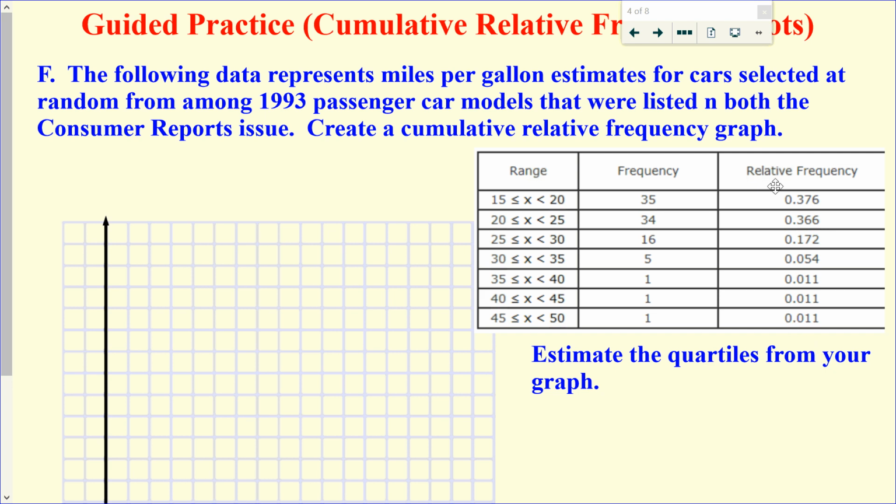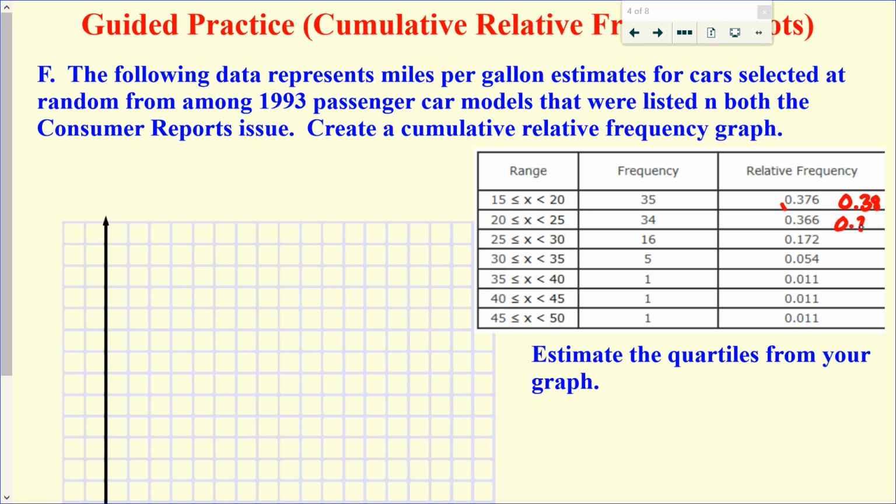Okay, so starting out, looks like we start at the bottom end, which is 15. So this one is still going to be 0.376. I'm going to go ahead and round those to make it easier. I'll make that 3.8. So we're going to add 37 to that.